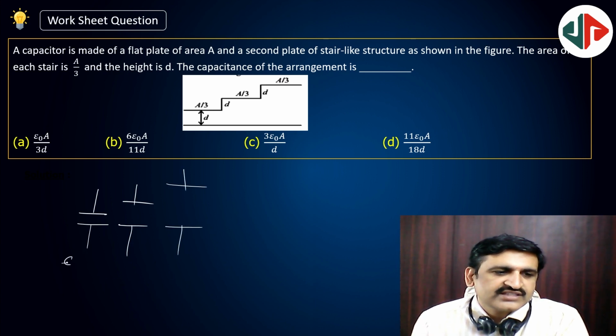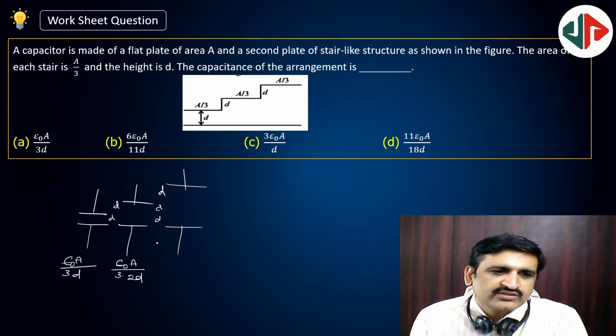First one is epsilon naught A by D. Second is A by 3, this is epsilon naught A by 2D, because this is D and this is D. So 2D. This is D, this is D, this is D. Total 3D. This is epsilon naught A by 3 into 3D.